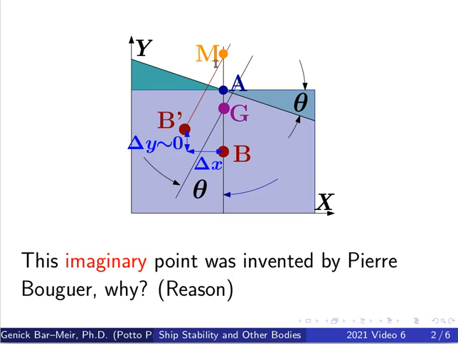In this method, when we're tilting a body by an angle theta, the buoyancy center moves from point B to B prime, and then if we draw a line from B prime at an angle of theta to the center line, that will bring us to point M, the intersection of this line with the vertical line that we have here.